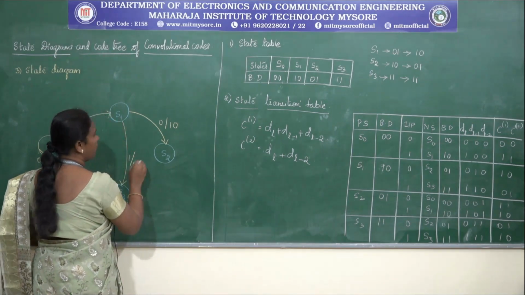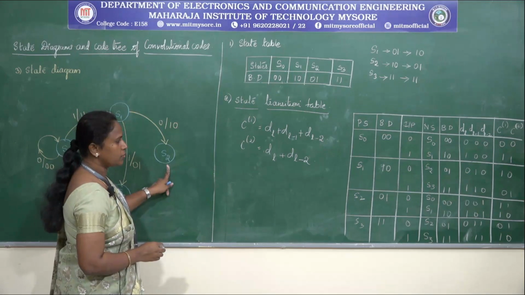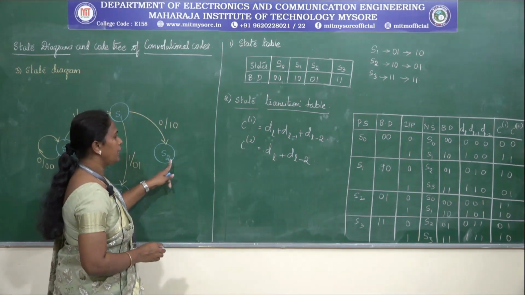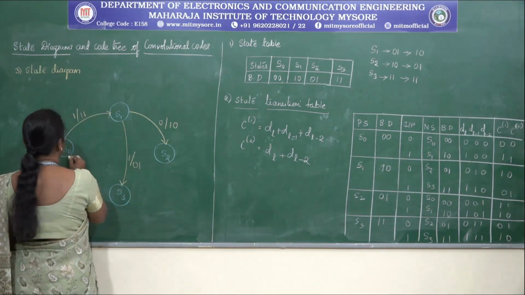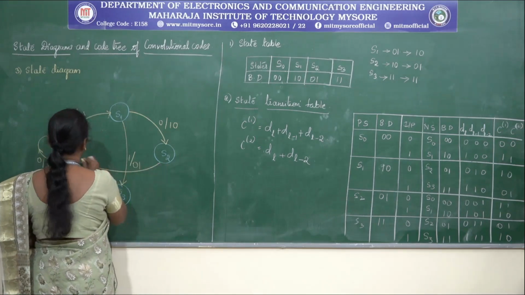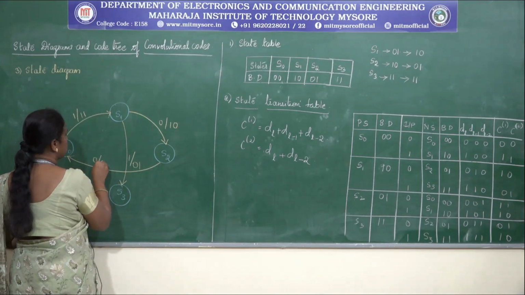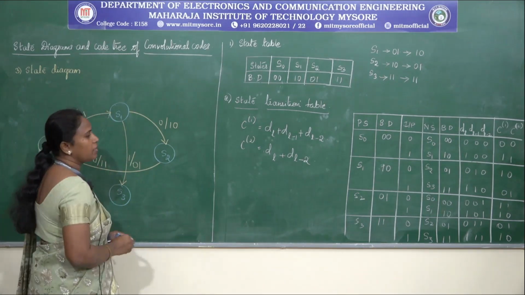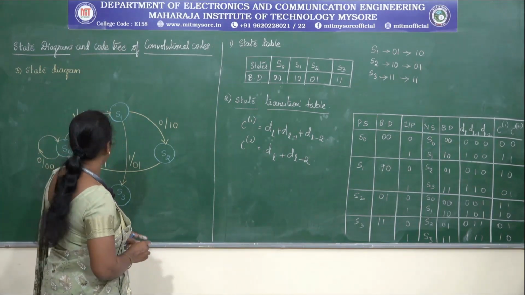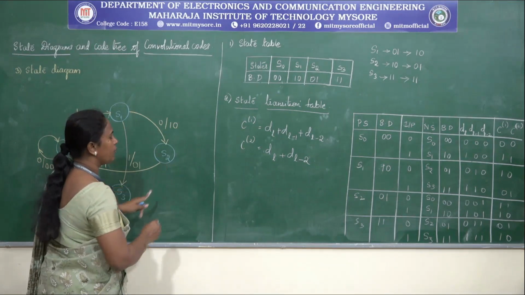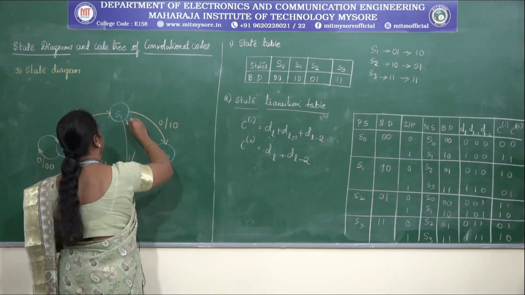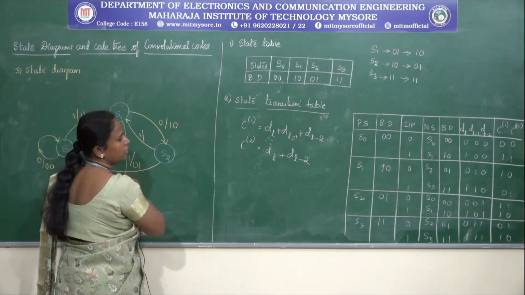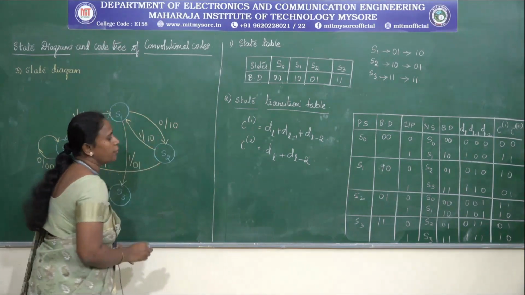What is the corresponding output? We have 0 1. If we consider the S2 state, with input 0 it makes a transition to S0, and the output is 1 1. With input 1, it makes a transition to S1, and the output is 1 0.